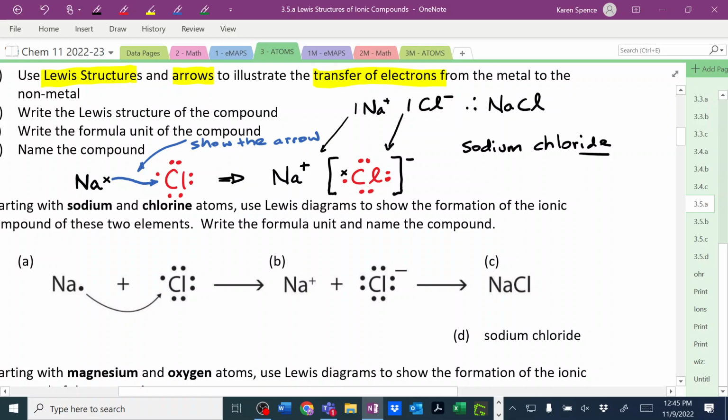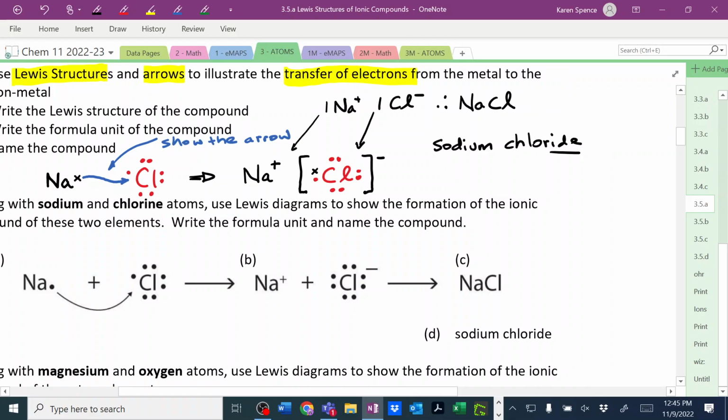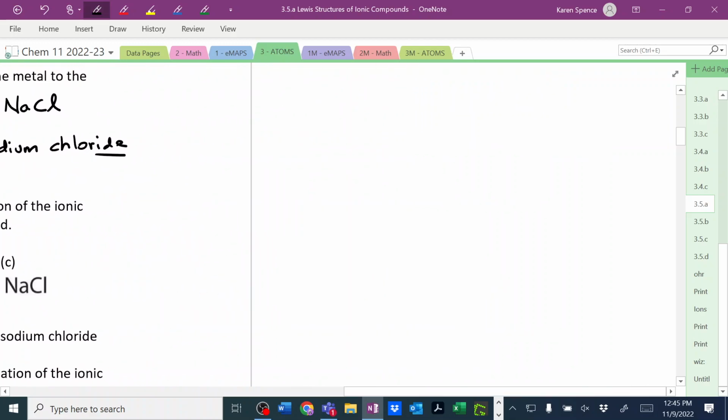Now we're going to do the same thing with magnesium and oxygen, and I'm going to do magnesium and oxygen over here. So we have Mg. What group is Mg in? 2. So how many valence electrons? 2. I'm going to make them X's. Oxygen.